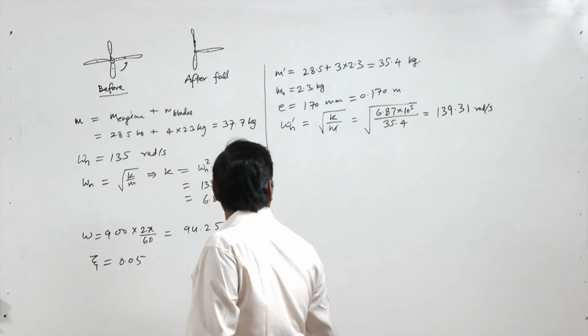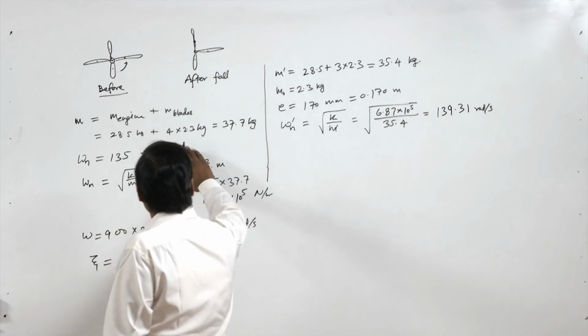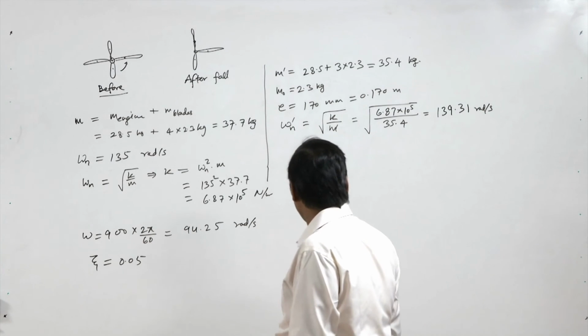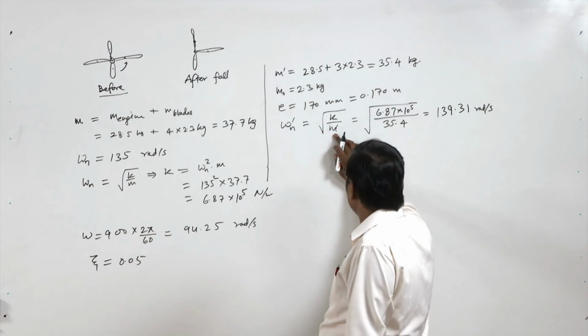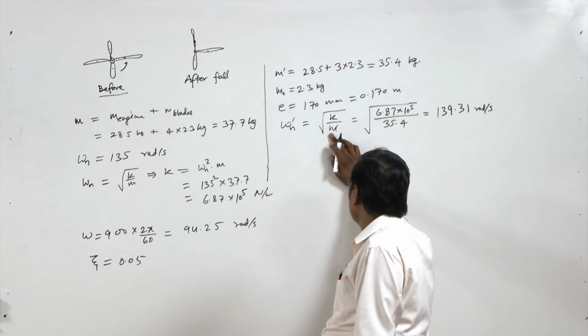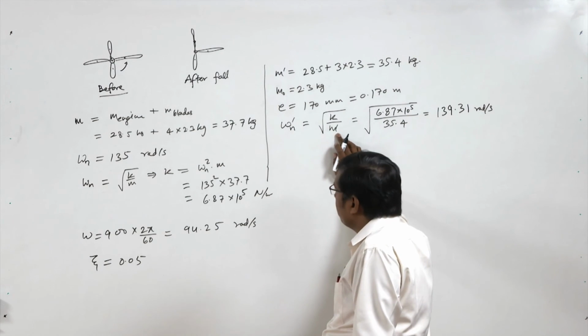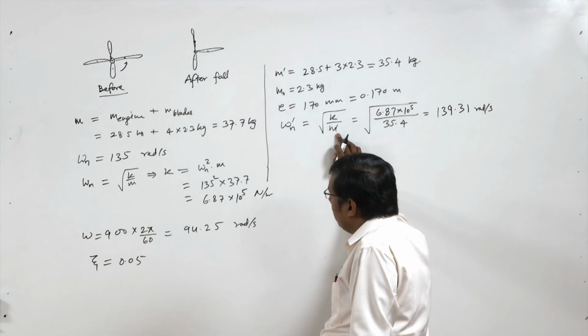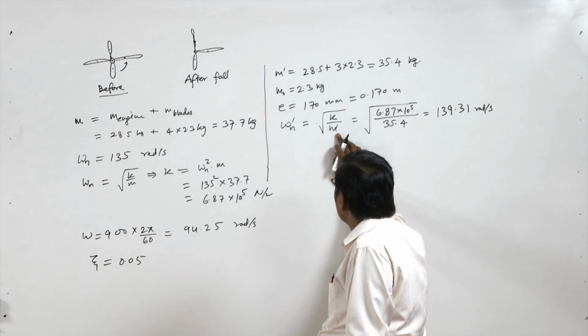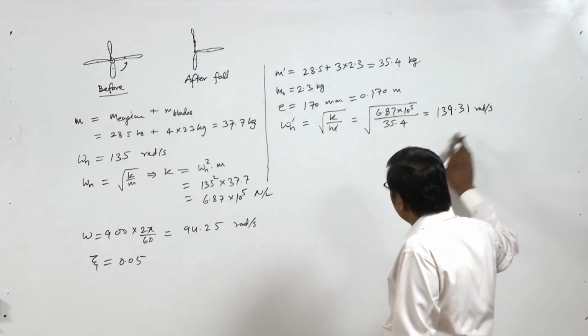Earlier the natural frequency was 135 radian per second, and you know that it is inversely proportional to root m. So if mass is reduced, the natural frequency is increased here.